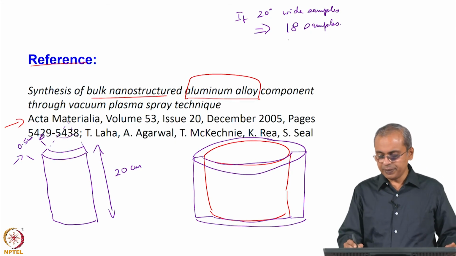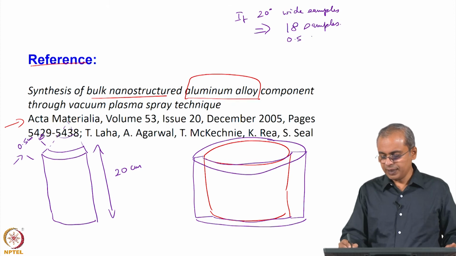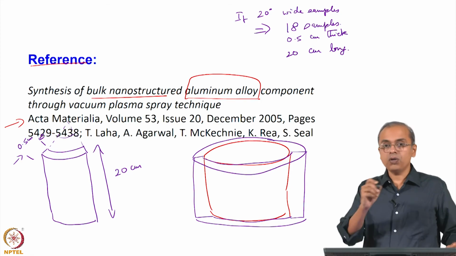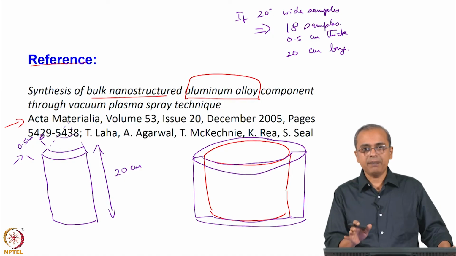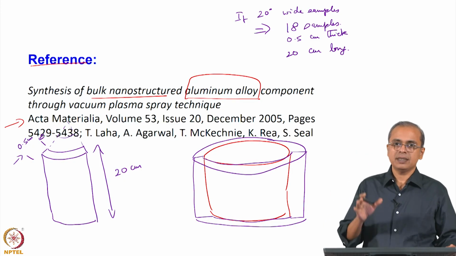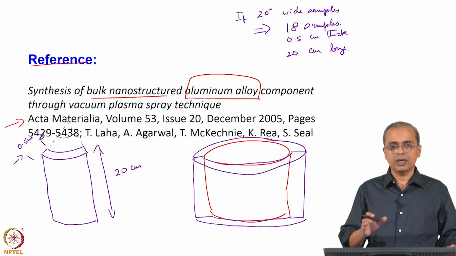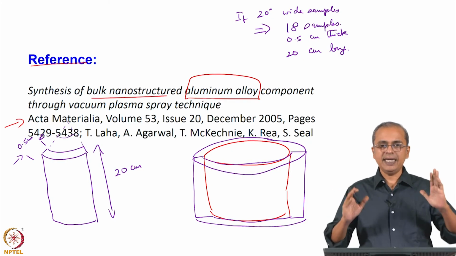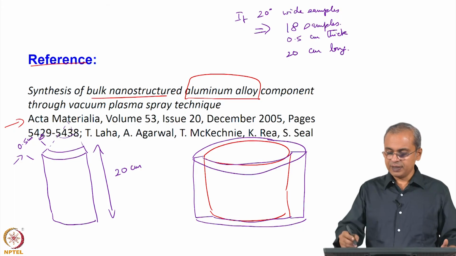So, you have 18 samples which are 0.5 centimeter thick, so that is 5 millimeter thick and 20 centimeters long, all of which have been prepared at the same time under the same conditions with the same atmosphere and so on.